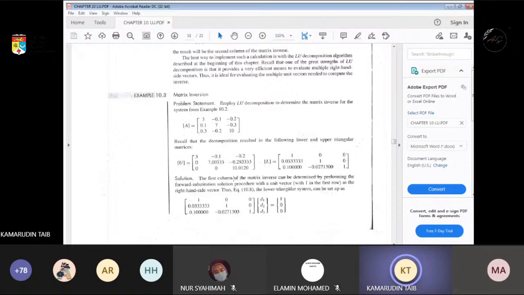What is a unit vector? 1 in the first position of the right hand side vector, like that.